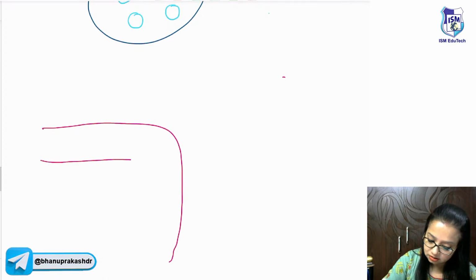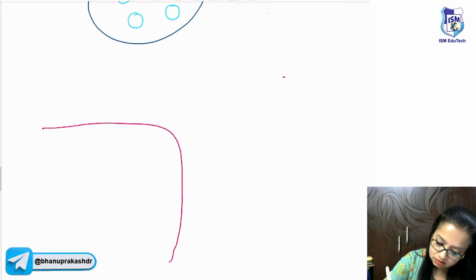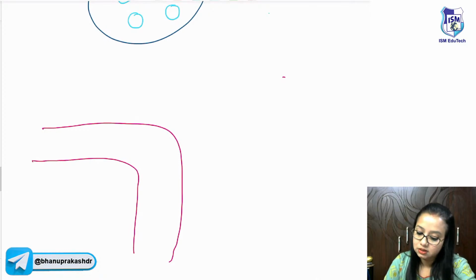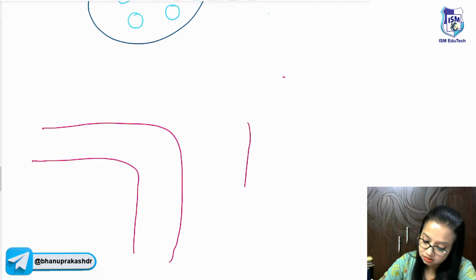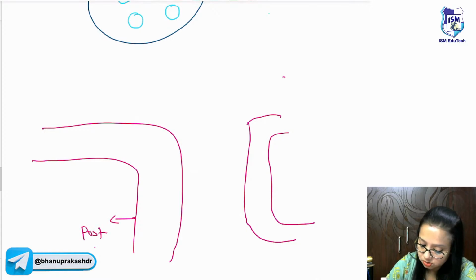Now this is the synaptic cleft, and here this is the postsynaptic membrane.